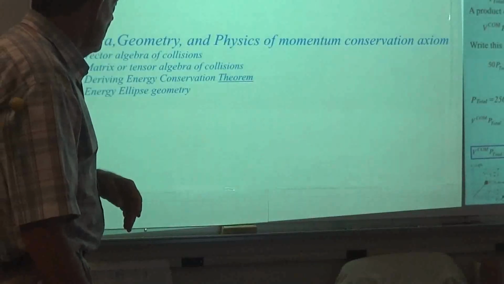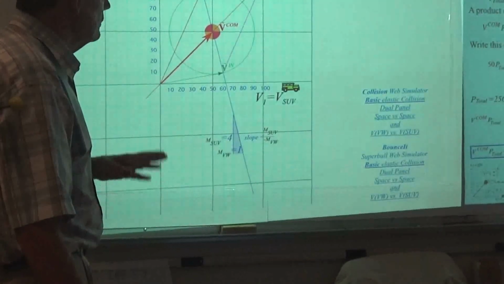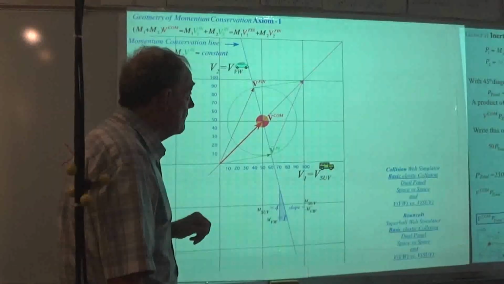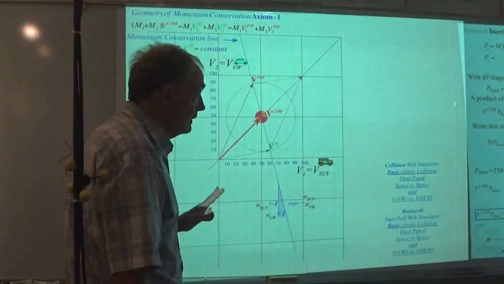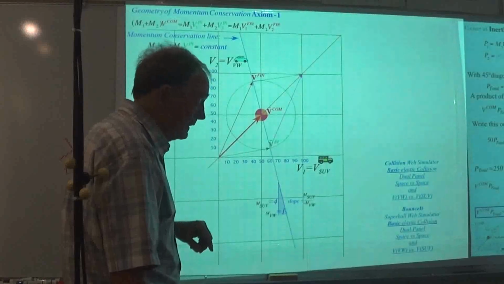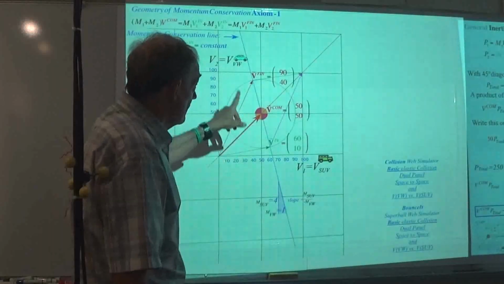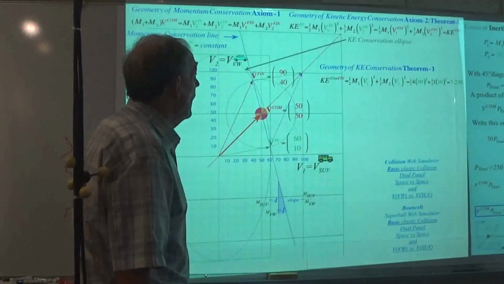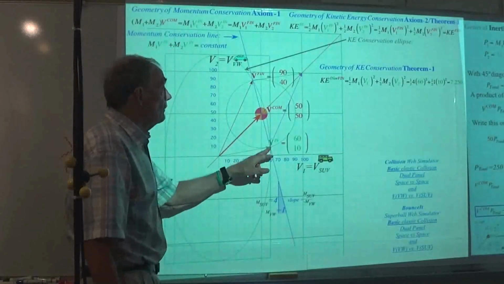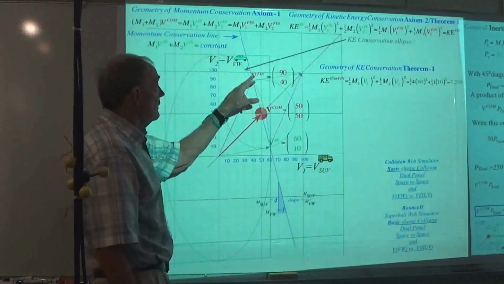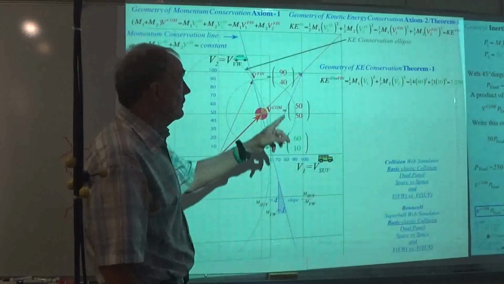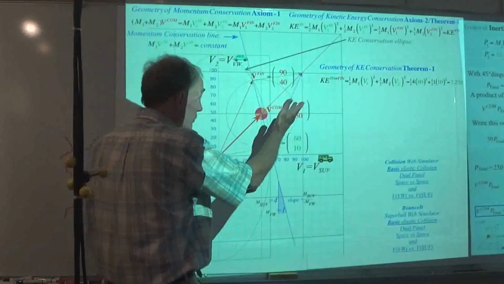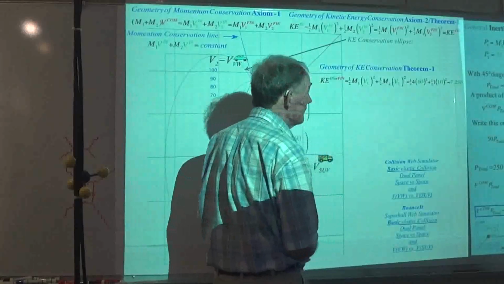Okay, now here's the thing that really is going on with this, and that is that the vectors that we've all been putting down here, two of them sit on the constant kinetic energy ellipse. So this is a quadratic expression.